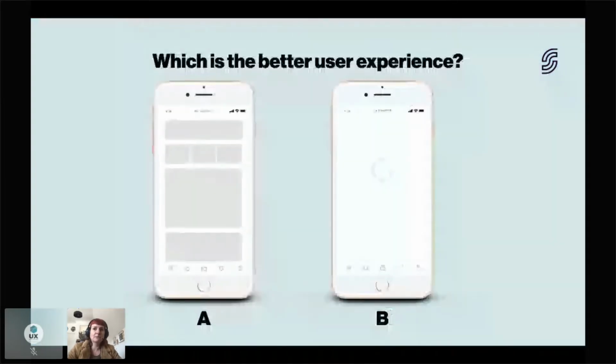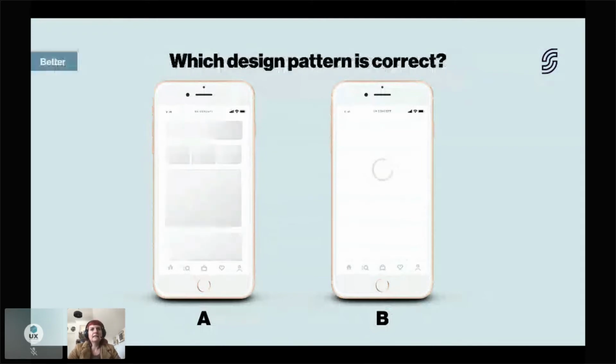So the question that was posed was this: two screens, A, B, which is the better user experience? I looked at it a little bit and started feeling confused, and I thought, actually, what might be a better question here is which of these design patterns are correct, or more appropriate might be a better phrase.